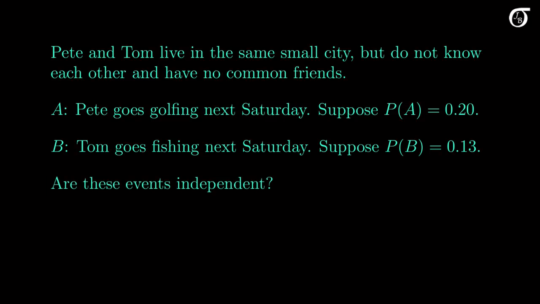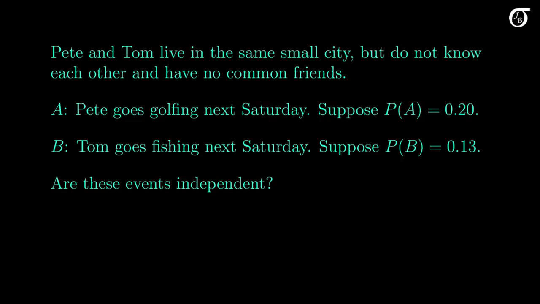We might say in English, outside of a probability context, that Pete and Tom make their decisions independently. Pete and Tom have no connection. Pete doesn't care or even know what Tom does, and vice versa. But that doesn't mean these events are independent in a probability sense. Although we can't check this mathematically with the given information, in any practical scenario, these events would not be independent.